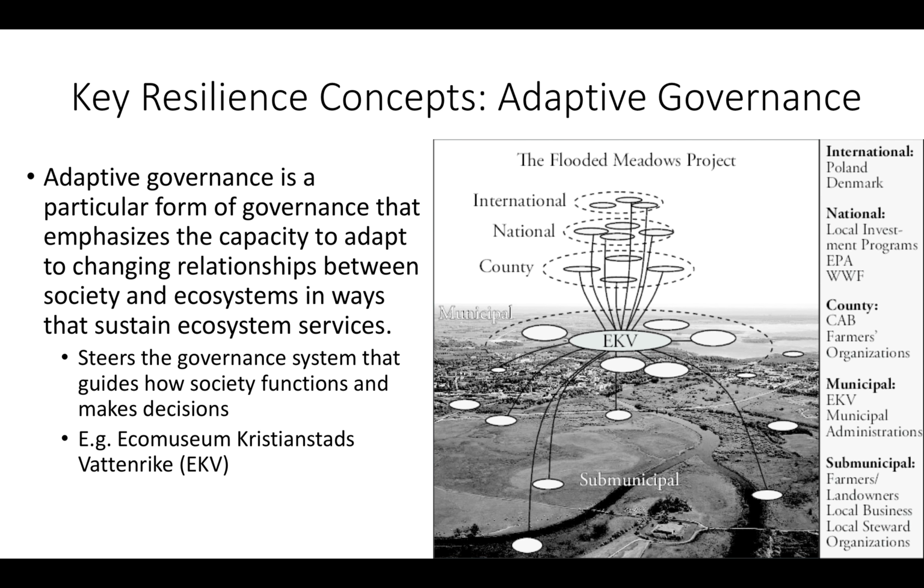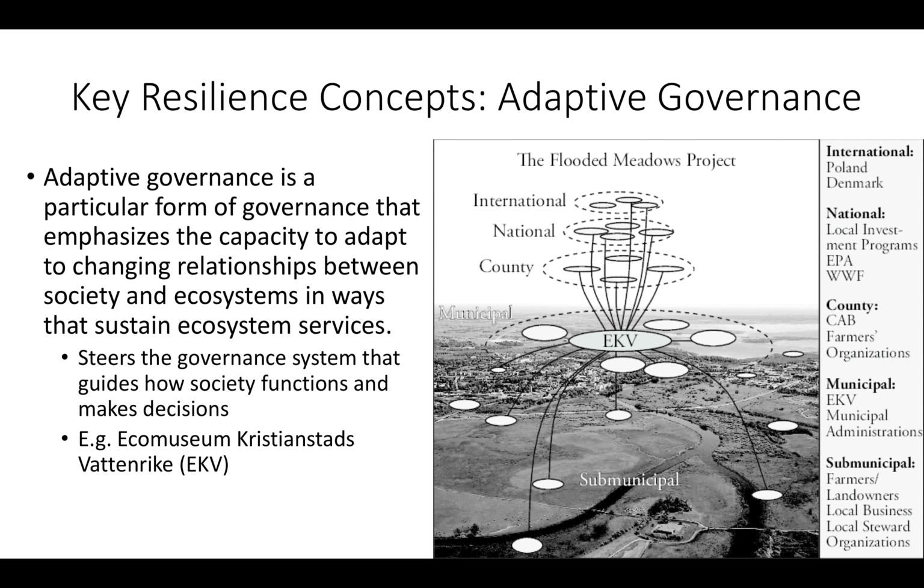I thought the case study this week, based in Sweden, did a really good job of discussing adaptive governance, even if they weren't incredibly explicit about it being adaptive governance. Just to reemphasize, I know I've mentioned this before, adaptive governance is a particular form of governance that emphasizes the capacity to adapt to changing relationships between society and ecosystems in ways that sustain ecosystem services.